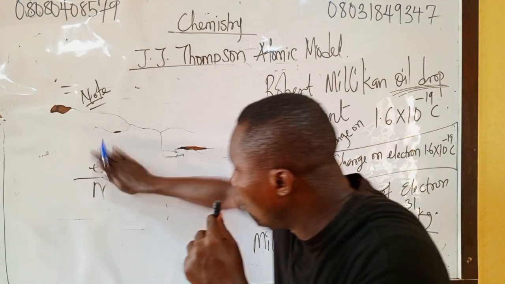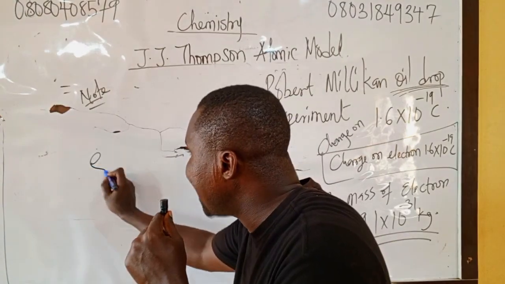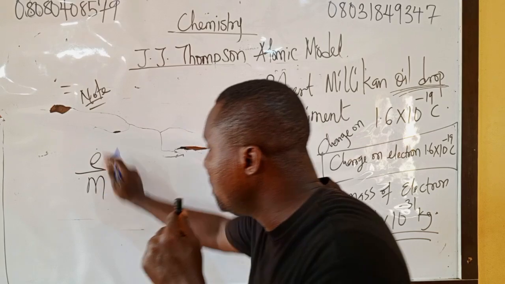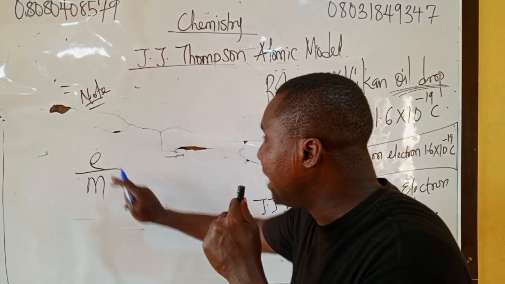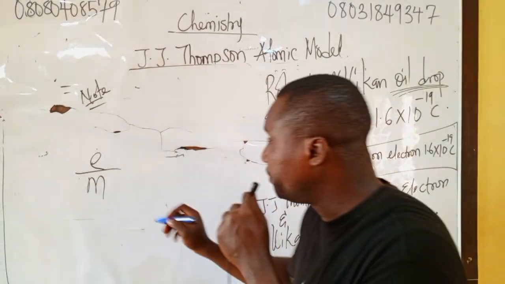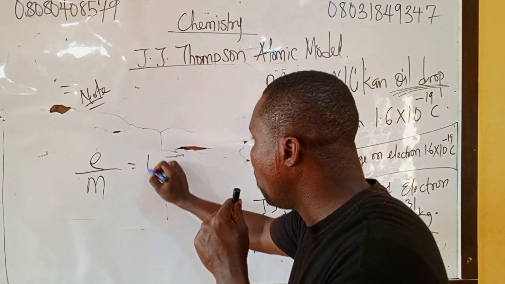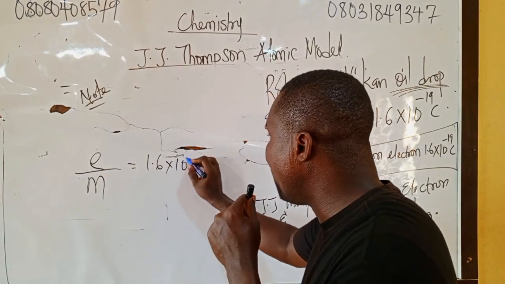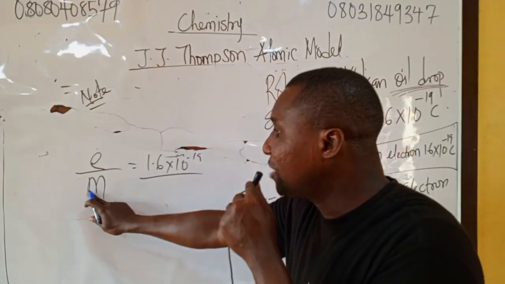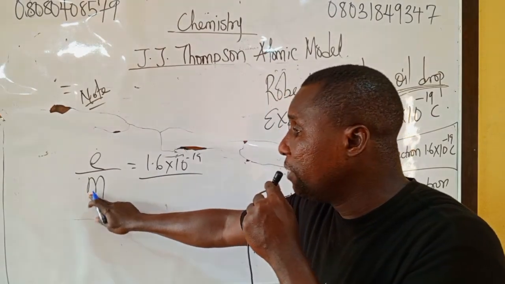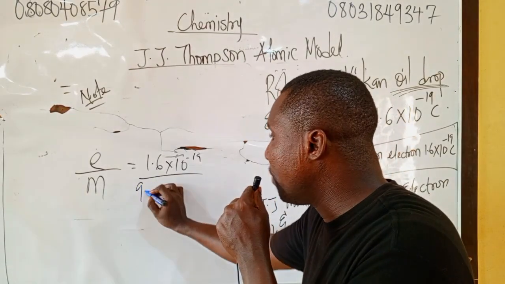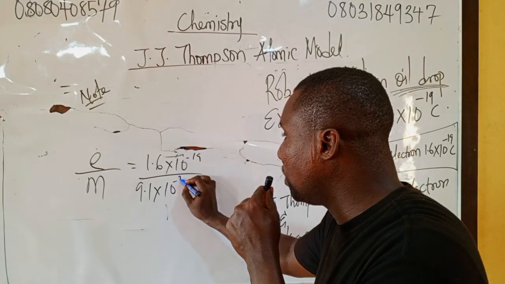Then the ratio of charge to mass, e means charge. The ratio of charge to mass of the electron is what? The charge of the electron, 1.6 times 10 raised to the power minus 19, over the mass of the electron, 9.1 times 10 raised to the power minus 31.